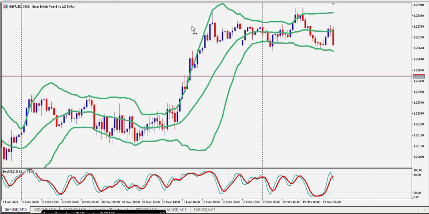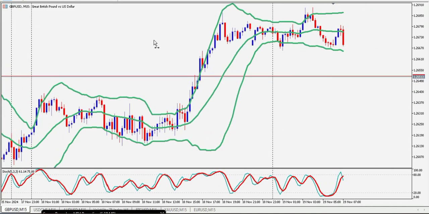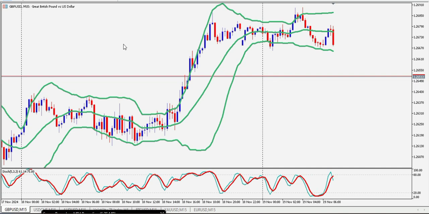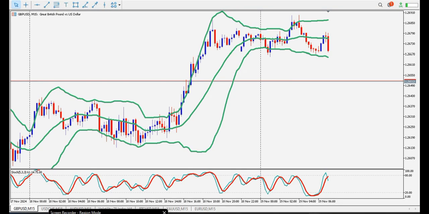As you can see, I'm on the GBP USD currently, the British pounds and US dollar. This is the Bollinger Band right here. This is the upper band, and this is the lower band of the Bollinger Band.